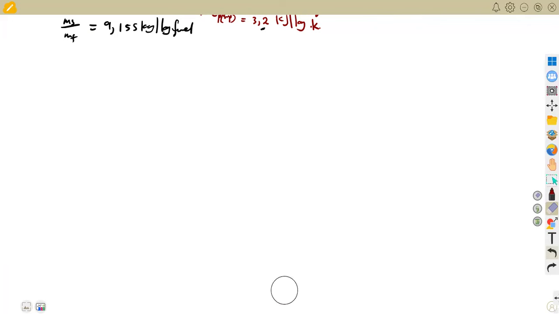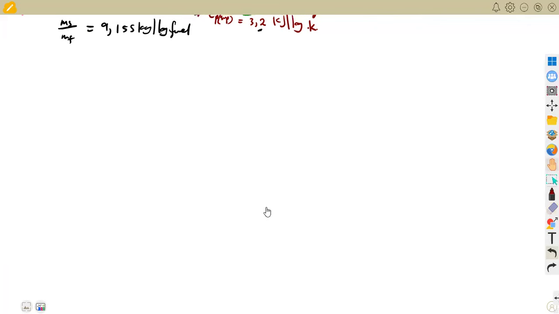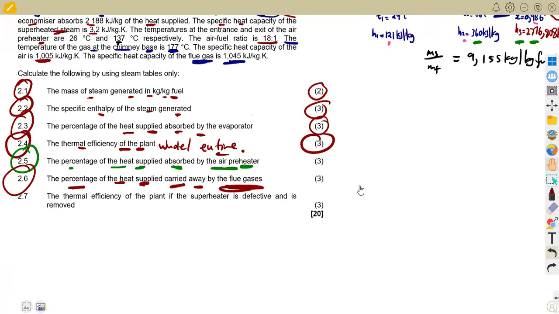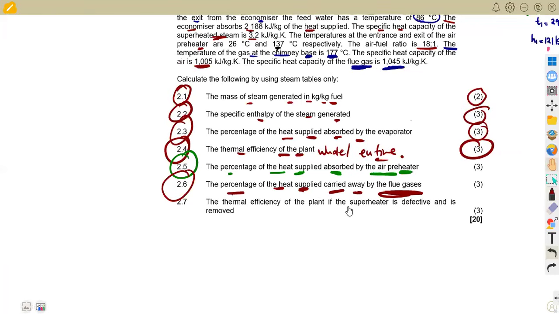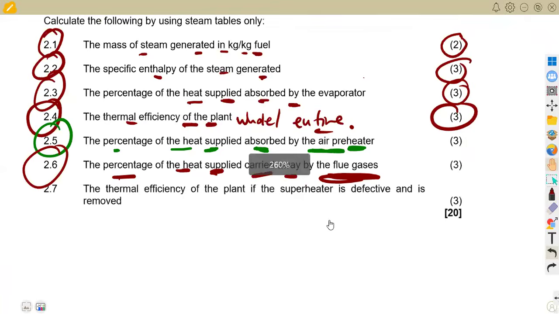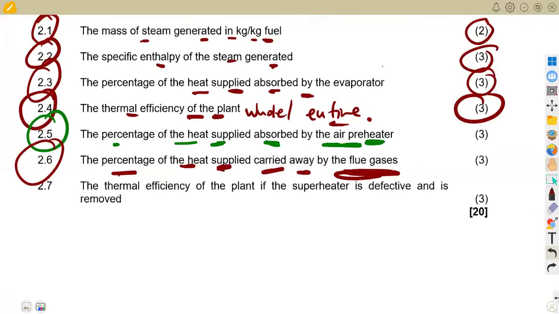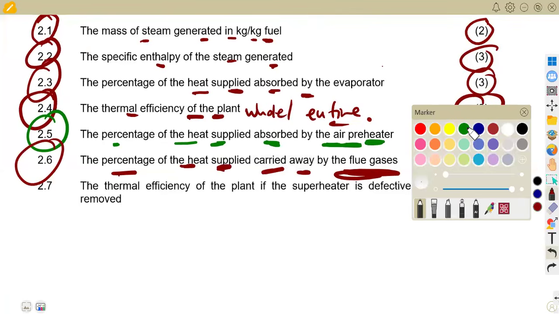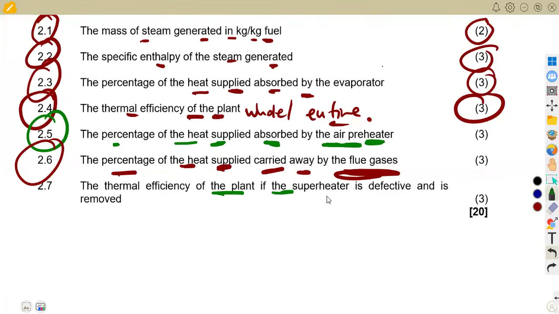What are they saying? Then the last question, actually, they are saying here, the thermal efficiency of the plant. But haven't we calculated this before? We calculated, but they are saying something here. They are saying the thermal efficiency of the plant if the superheater is defective and is removed.